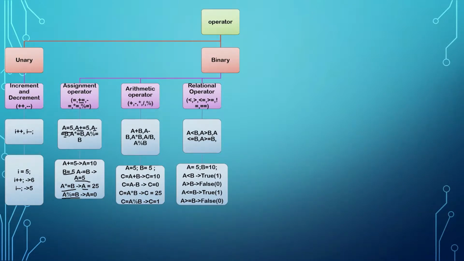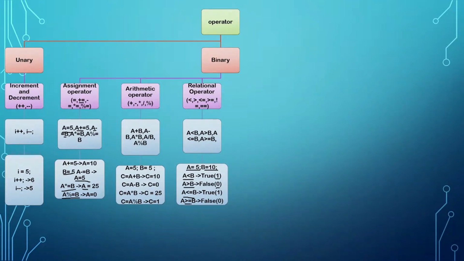If the condition is false, it returns 0. Here a equal to 5, b equal to 10. Is a less than b? Yes, it is less than b, so it returns 1. Is a greater than b? No, it is not, so it returns 0. Is a less than or equal to b? Yes. Here we are checking two conditions, less than or equal to. If any one is satisfied, it should return true.